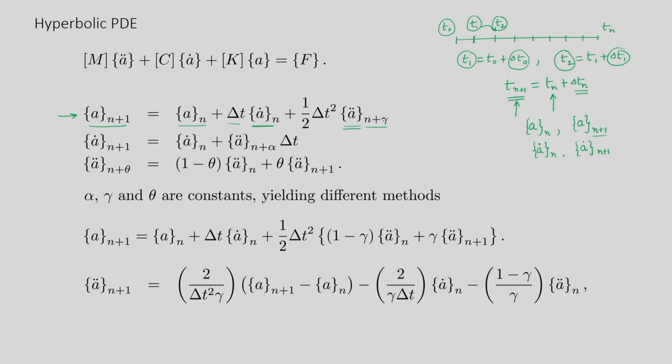So double dot means the acceleration. Now how can I express the acceleration at n plus gamma, because we know the quantities at n or n plus 1? What n plus gamma is, is given in the third expression.